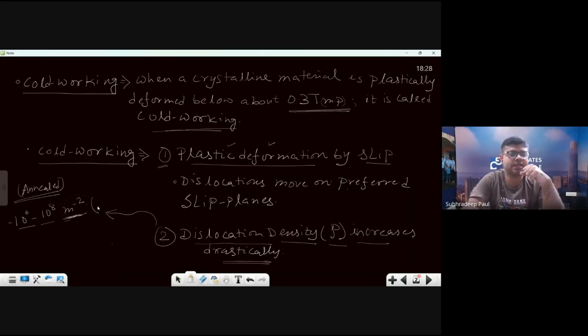And when we cold work a particular material, this rho value increases substantially, and it becomes 10 to the power 12 to 10 to the power 15 per meter square. So you can see how much my dislocation density is increasing.